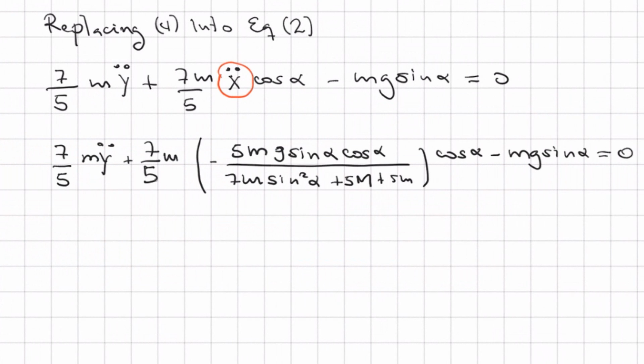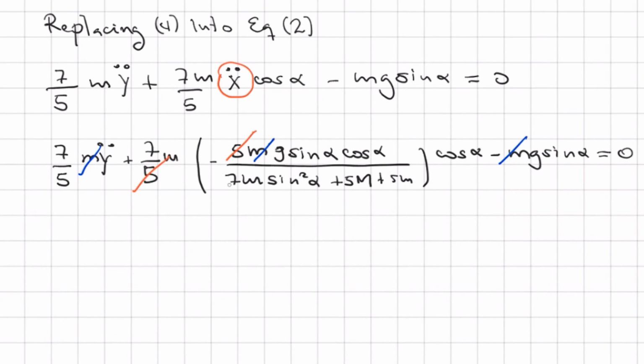I will simplify this 5 with this 5. The mass of the ball is on each term of the equation, so we can simplify it as well. I will do a little trick in the denominator of this part.